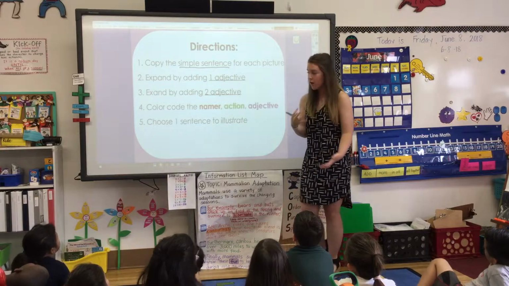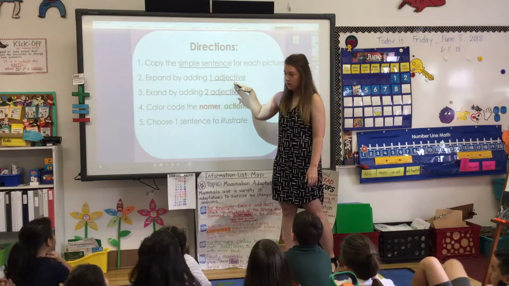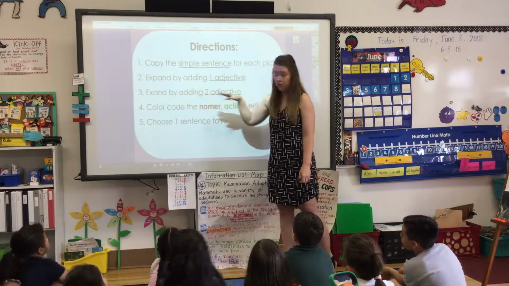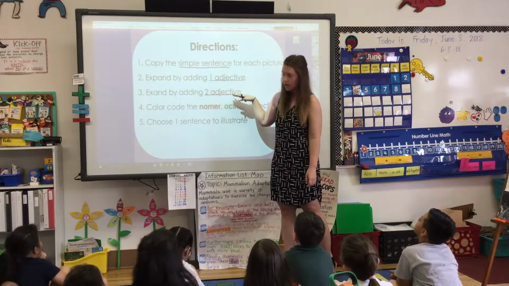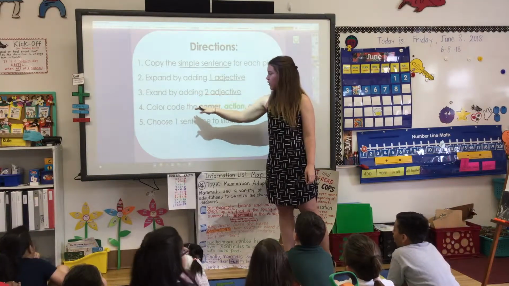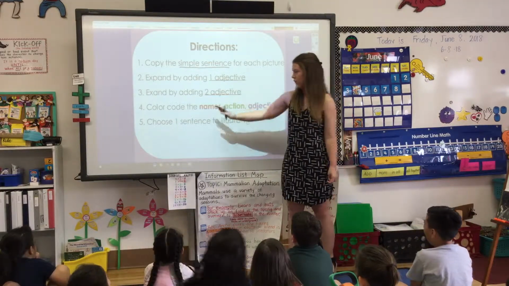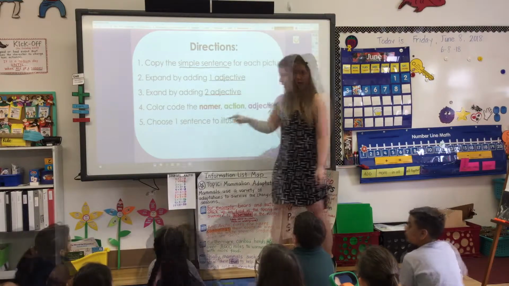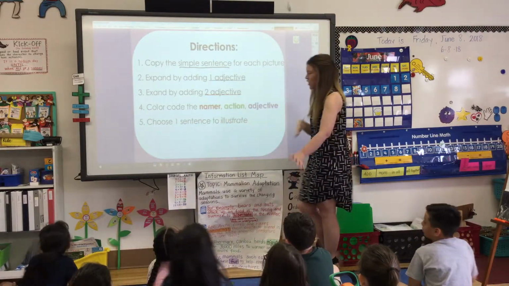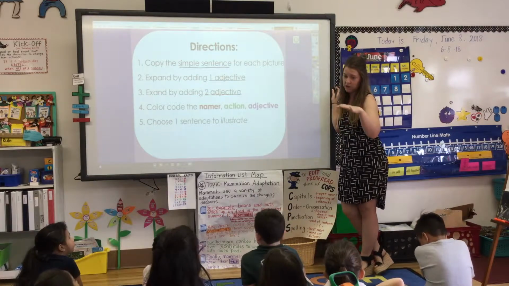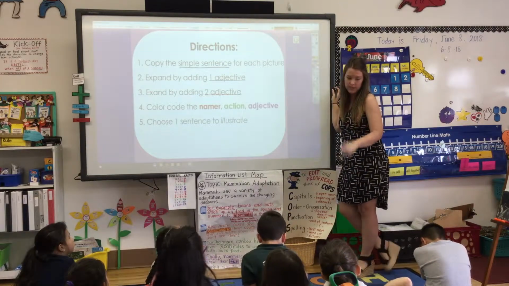Then you're going to do another sentence by adding one adjective. Then you're going to do another sentence and you're going to add two adjectives. Good. Then you're going to color code the namer, action, and adjective. Red, green, okay? Then you're going to choose one sentence, whichever was your favorite, to illustrate it. And then we're going to come back and we're going to share some of our juicy, juicy sentences.